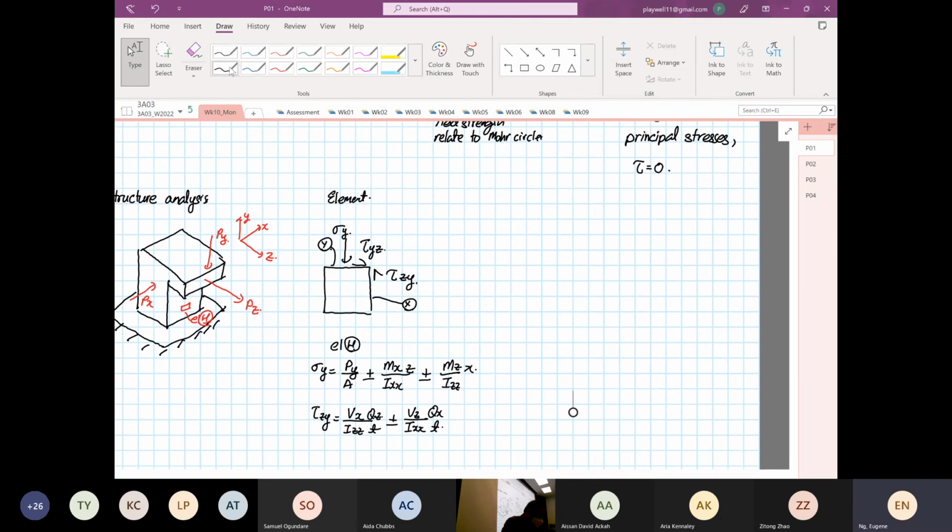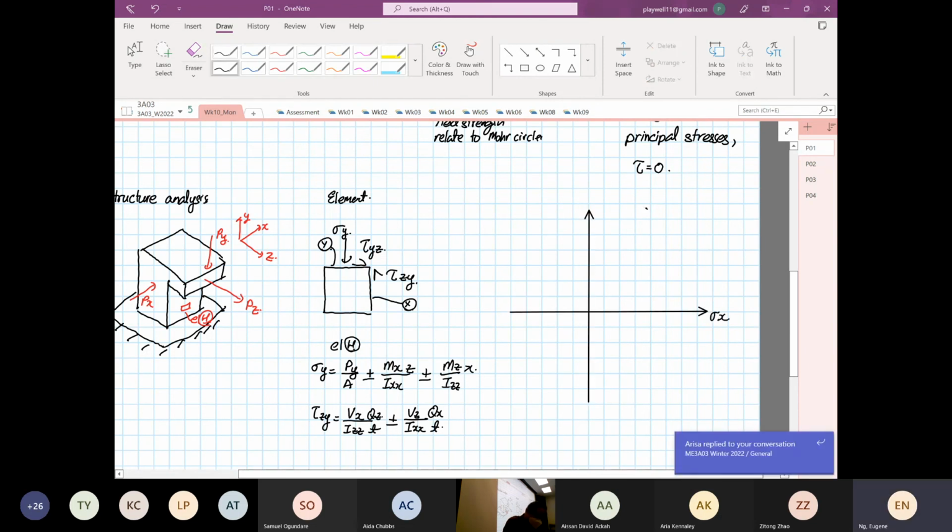So we draw our Mohr's circle. So this is our stress X, and this is our shear stress, clockwise and anti-clockwise.